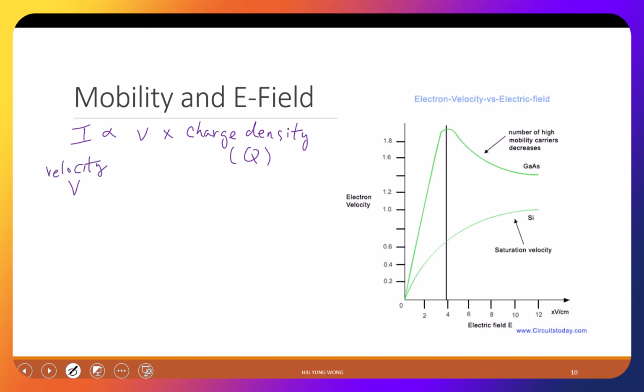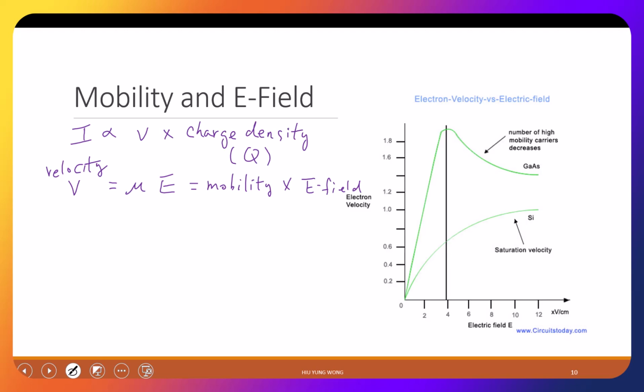It turned out to be mu times E, where mu is the mobility, times the E field. Are you surprised with that? I say an electron moves at a velocity depending on the strength of the electric field.